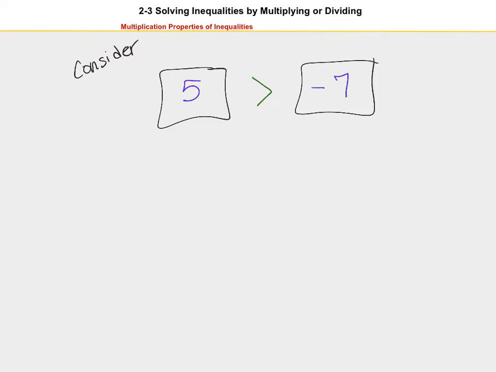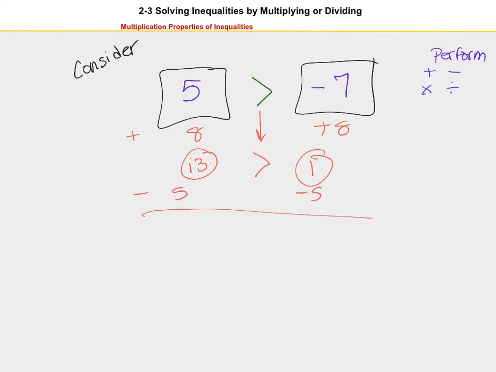If I asked you to perform operations to both of them, add, subtract, multiply, or divide, let's start with adding. I can add any number, I don't know, 8. And then if I add the same to this, that's going to give me 13, that's going to give me 1, and 13 is still greater than 1. If I decide to subtract to both sides, you get 8 and you get -4, and 8 is still greater than -4.